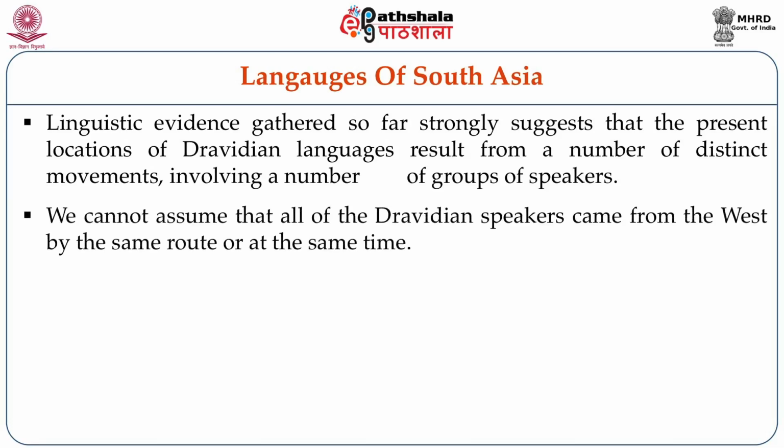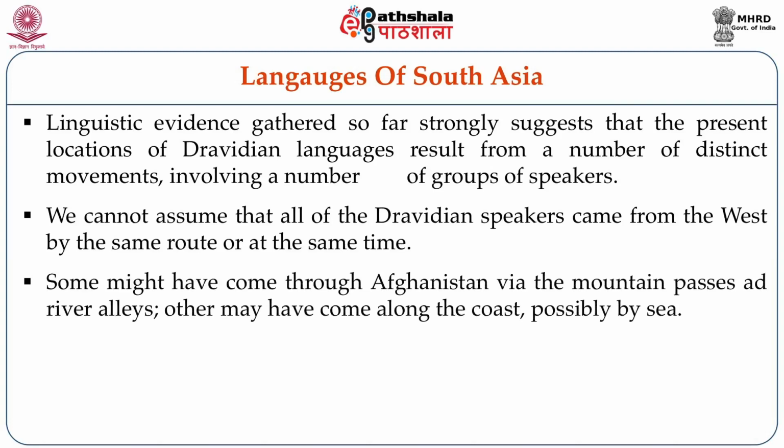We cannot assume that all of the Dravidian speakers came from the west by the same route or at the same time. Some might have come through Afghanistan via the mountain passes of river valleys. Others may have come along the coast, possibly by sea.